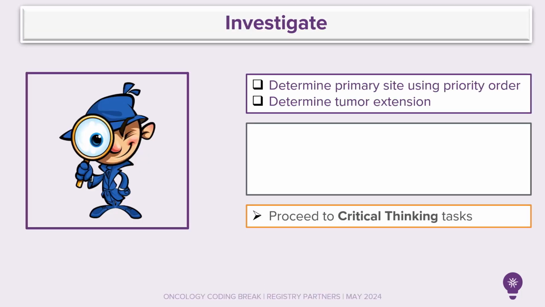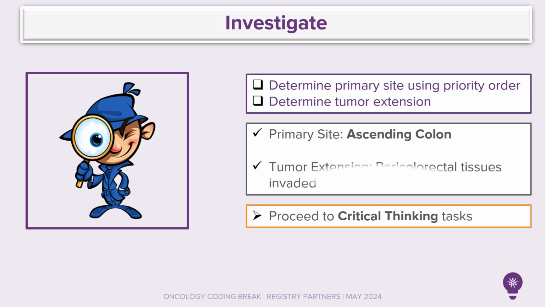Okay, so we're going to start our investigation again with determining the primary site and the tumor extension. So the primary site is the ascending colon, again per operative report, and the tumor extension is pericolorectal tissues invaded, and that is per the path report.